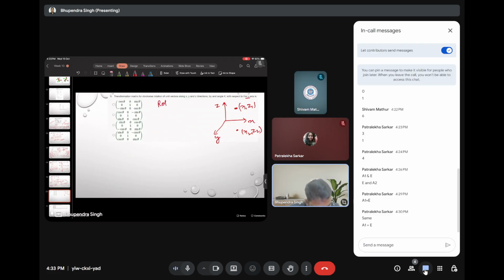Basically, rotation along the y-axis by angle theta, so x and z will change.